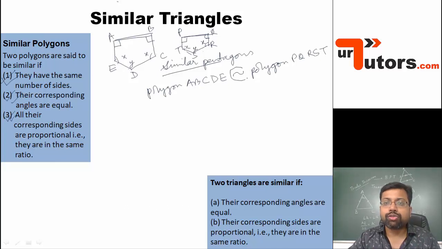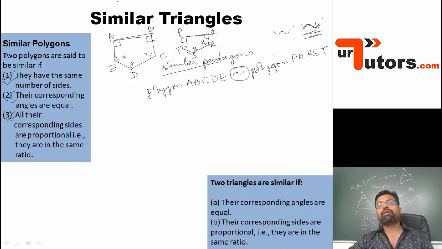Now this symbol is used for similarity. If you remember in class 9, we used this symbol for congruency. So there was this sinusoidal wave kind of a thing and an equality sign below it, which meant the two figures are going to be congruent. If you remove that equality, that means they are similar. So if this is there, it means that the two figures on the two sides of this symbol are going to be similar.